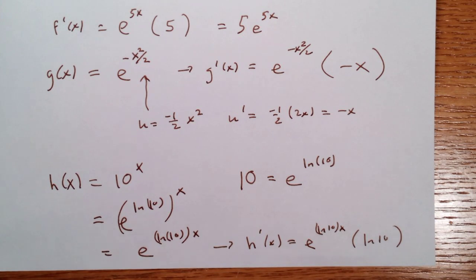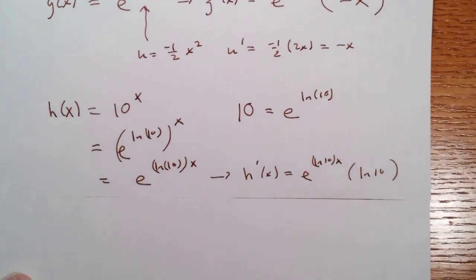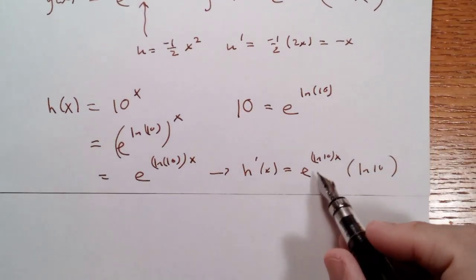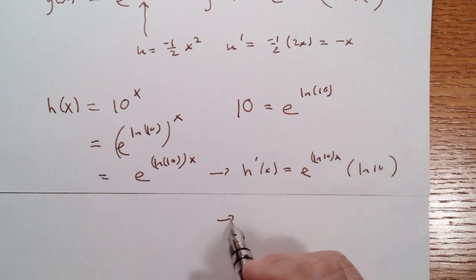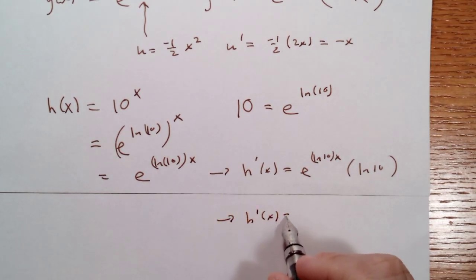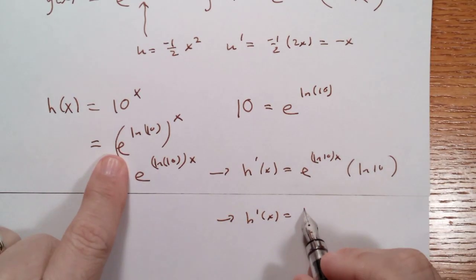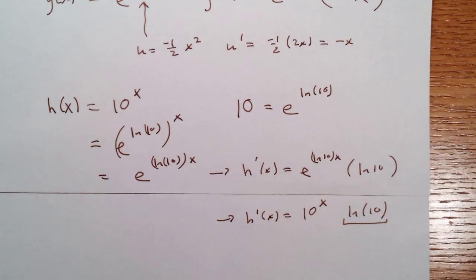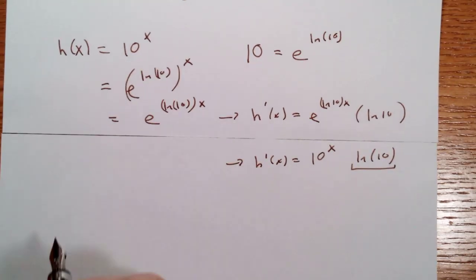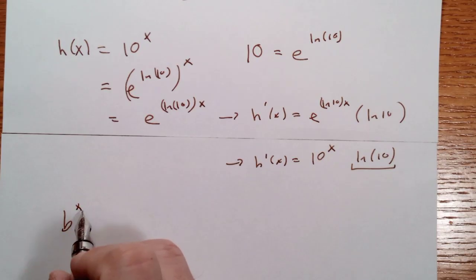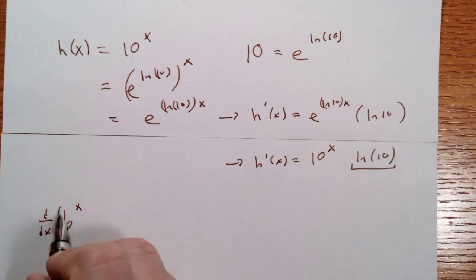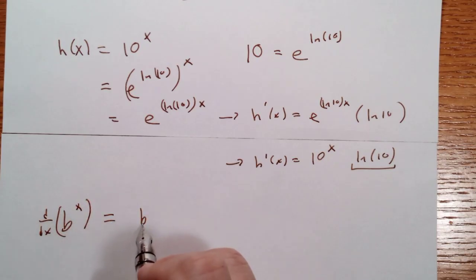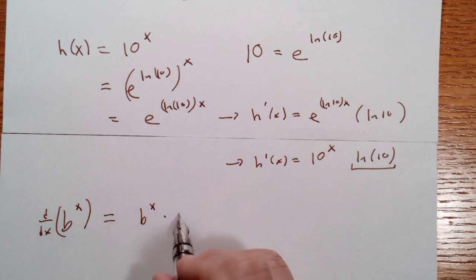Hey, wait a second. Wait just a second. This, that's our 10 to the x. And this is a number. Didn't I say last Friday that when we had the derivative of b to the x, we got b to the x again, and then some constant?